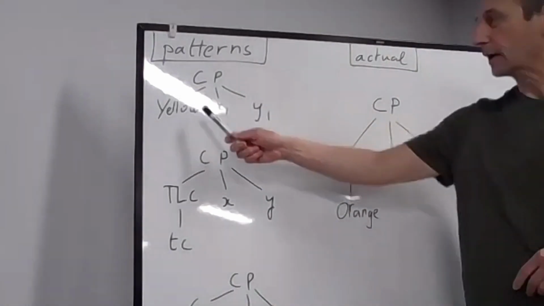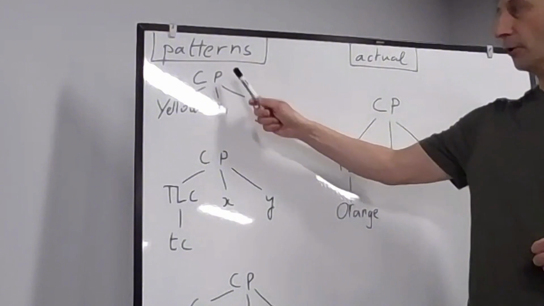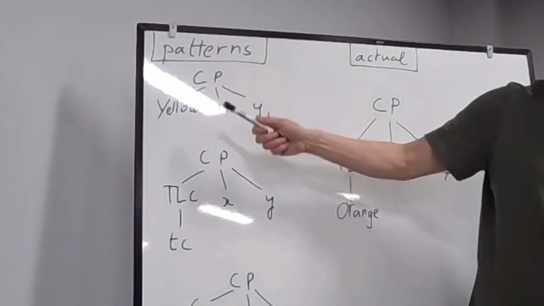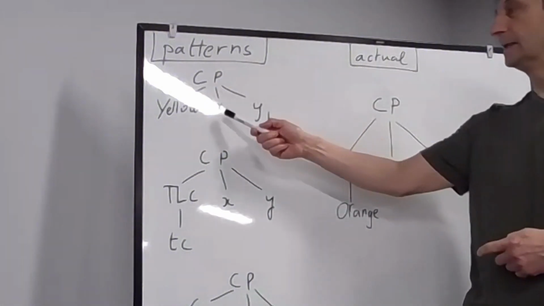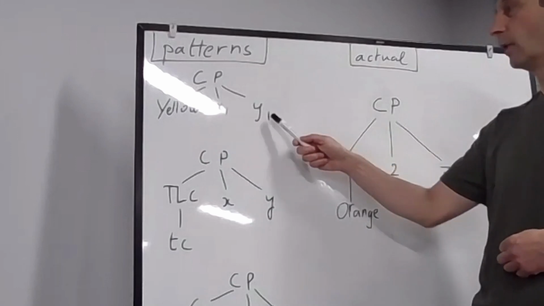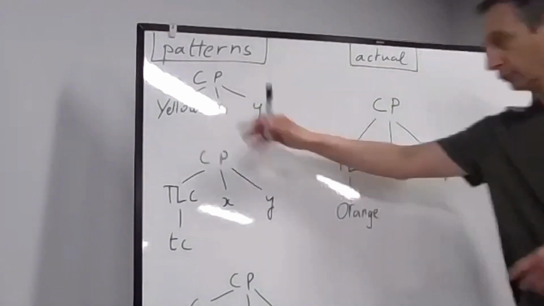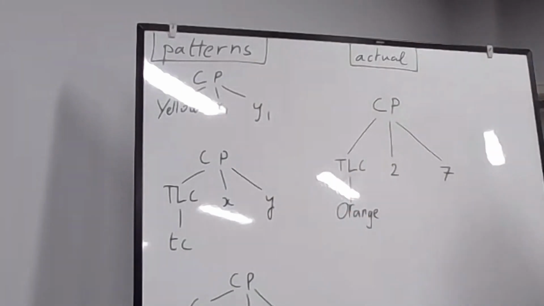And the other components of a color point are the coordinates. I call them here X, Y, X1, Y1, etc. Okay, so this is how the type was defined.